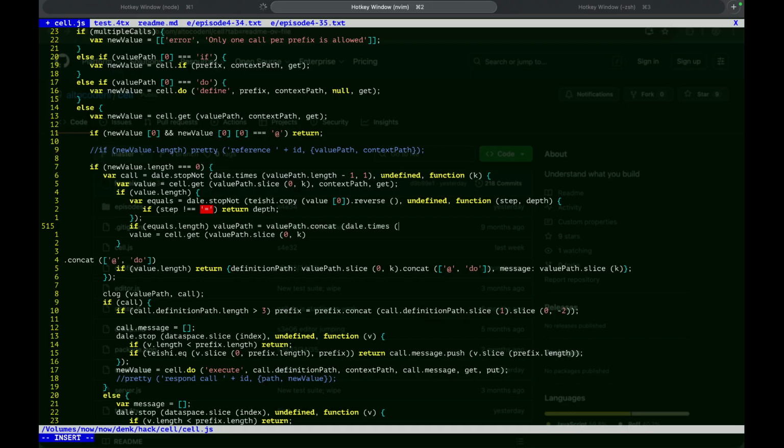How many times? It would be equals length minus 1. No, actually it would be, there's one equal. When would you have one equal?